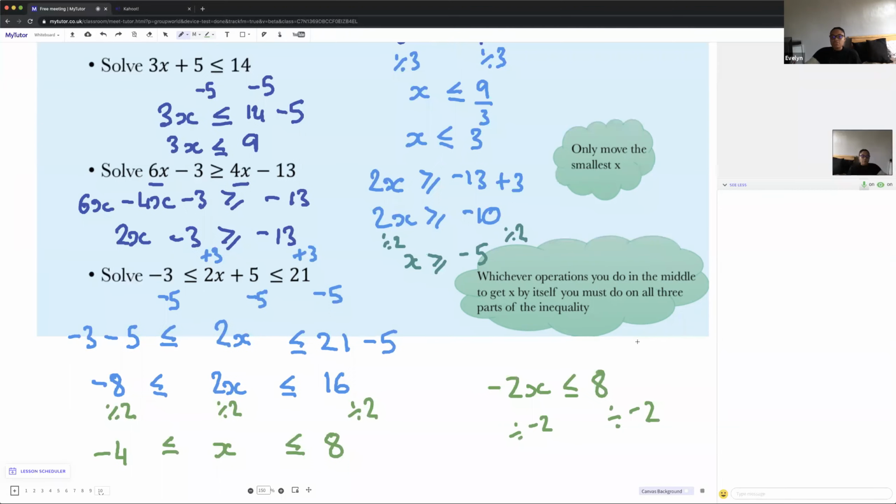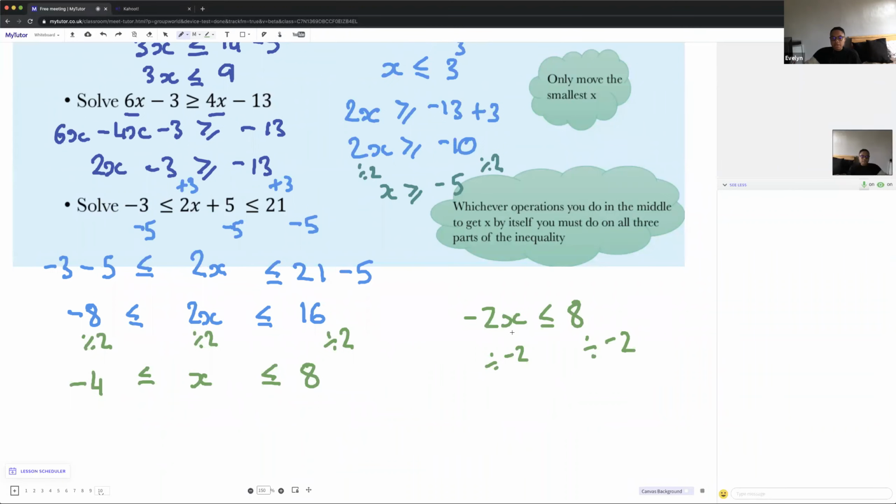Now, if you are dividing by a negative number and your question is on an inequality, you do the division, so you get x, and then on the right-hand side, 8 divided by -2 is -4, but your inequality now has to swap. This is what I was saying before. If you have a negative number, you have to swap the sign.